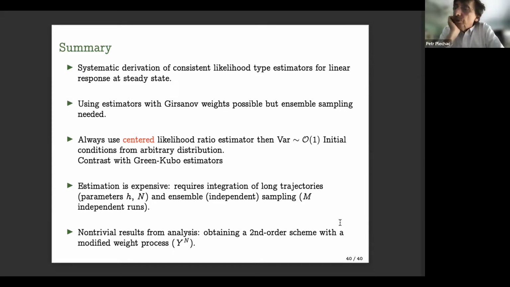Of course, if you wanted to do the linear response with respect to the temperature, for example, then you can still do it for the Langevin equation, but you cannot perturb in sigma, in the noise term, and get the Girsanov theorem.